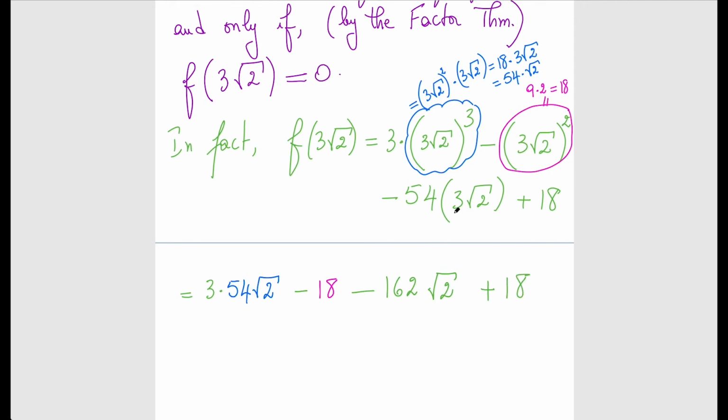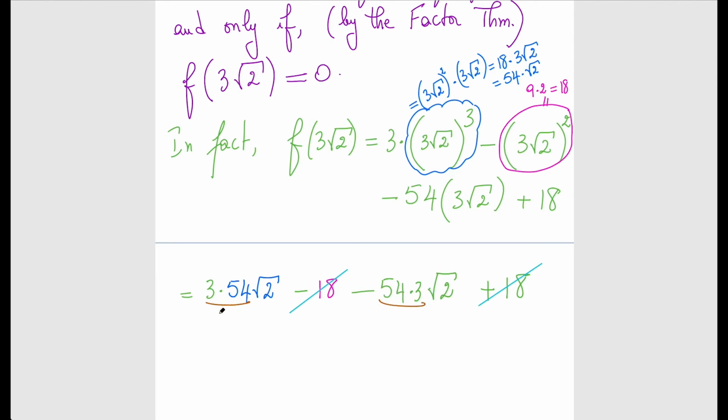Correct? Actually, let's not do this. So let's keep it 54 times 3 square root of 2. All right. And then what? The negative 18 plus 18, those are gone. And 3 times 54 square root of 2 and minus 54 times 3 square root of 2, it's the same thing, right?